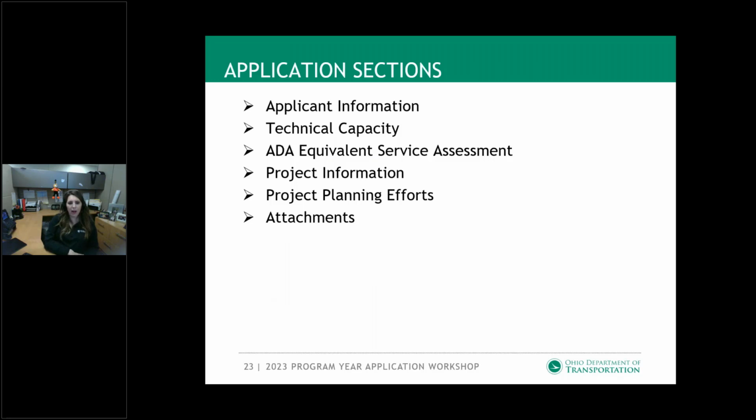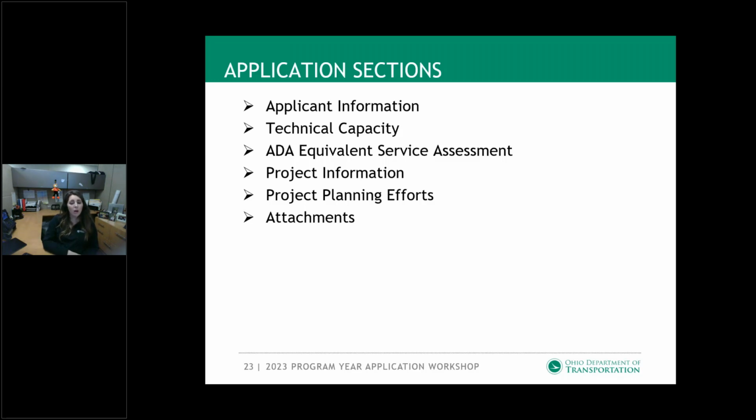These are the general application sections that you will see as you're going through your application. First up, we ask for applicant information. This is a really important section because, given the amount of information and the types of applicants that are applying, the application is logic driven, meaning that certain fields appear based on information you submit.